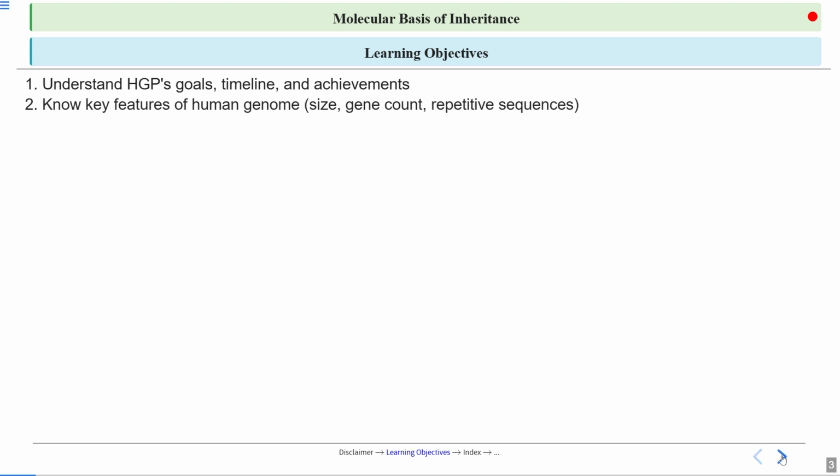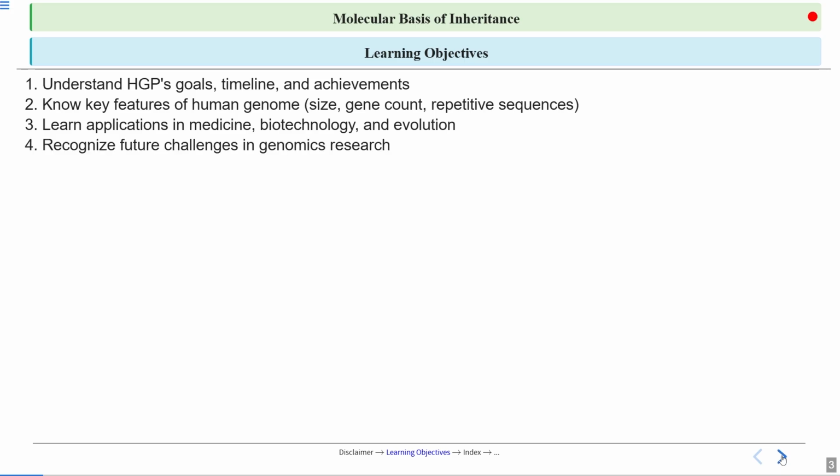Then we will know the key features of the human genome: its size, gene count, repetitive sequences, and many more things. Then we will learn the applications of the Human Genome Project in medicine, biotechnology, and evolution. Then we will recognize the future challenges in genomic research.